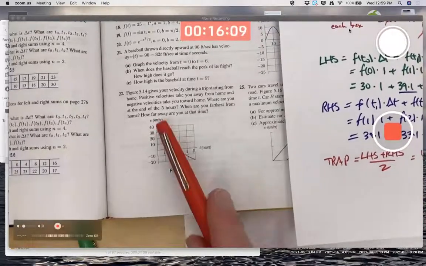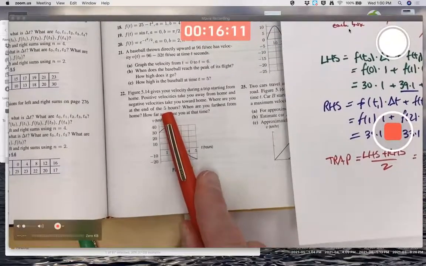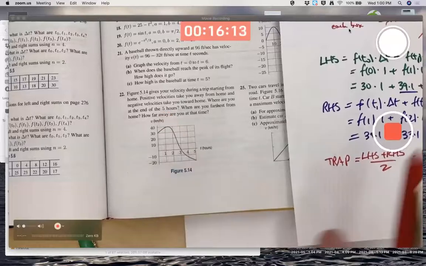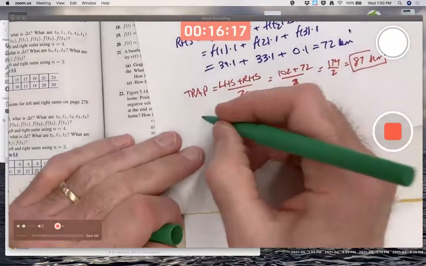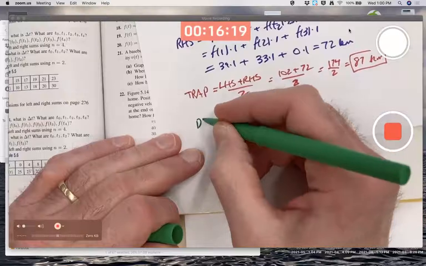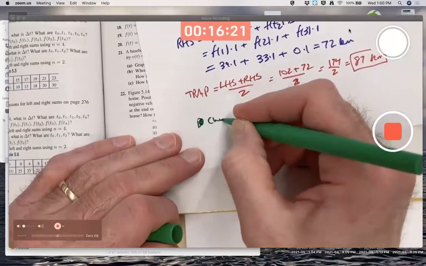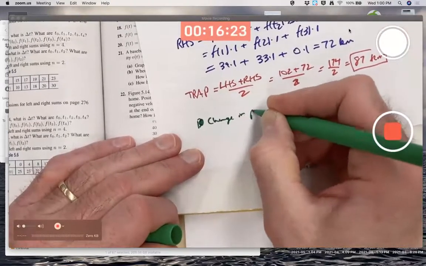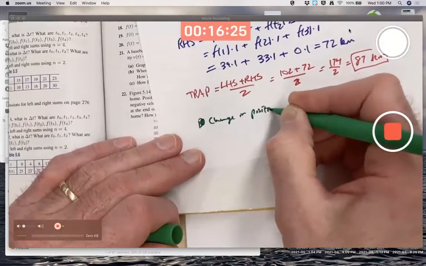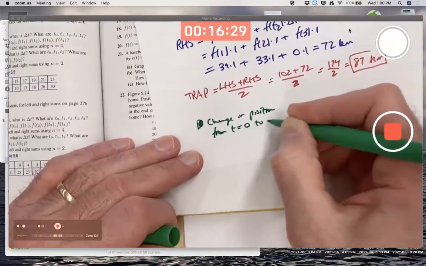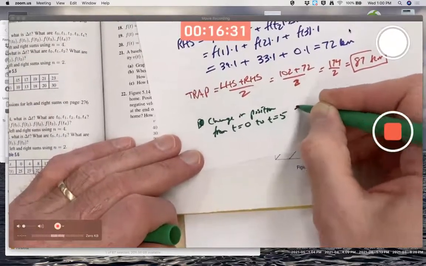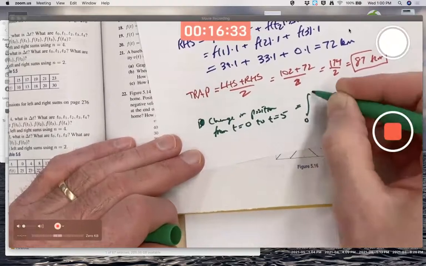Where are you at the end of 5 hours? We didn't answer that question. What's your change in position from t equals 0 to t equals 5. That's going to be the integral from 0 to 5.